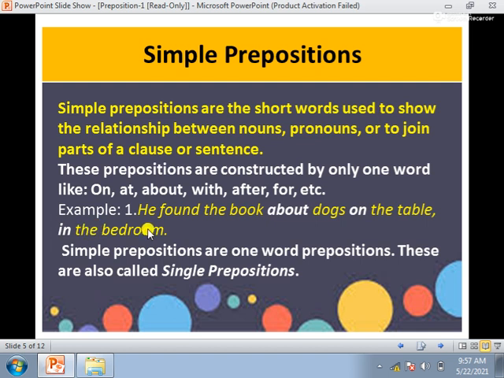In the bedroom also mentions the space, where: in the bedroom. So simple prepositions are one word prepositions, and that's why they are also known as single prepositions. So this is about simple preposition.